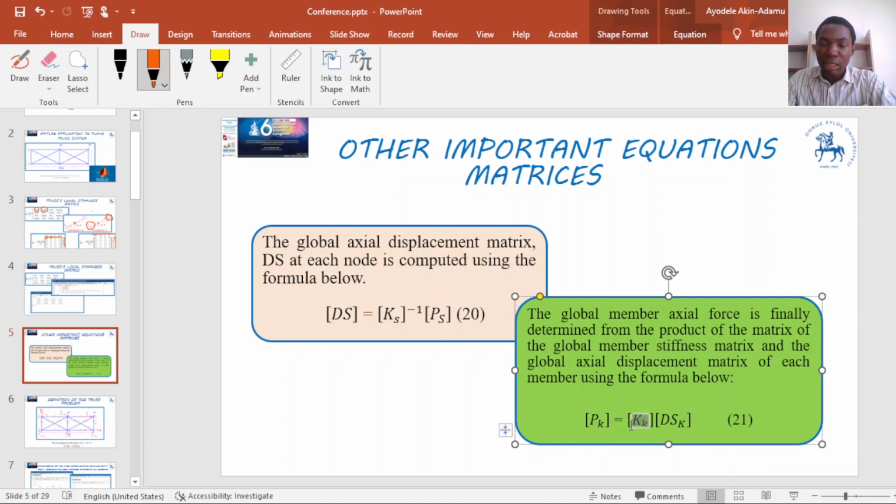This k here is the local stiffness matrix of the truss element, while dsk is the local displacement vector. I'm going to explain how these matrices and vectors look like on Matlab in my next slides. So be patient, you will understand how to use this formula. This is for the global stiffness matrix, while this is for the local stiffness matrix. So you should note this.